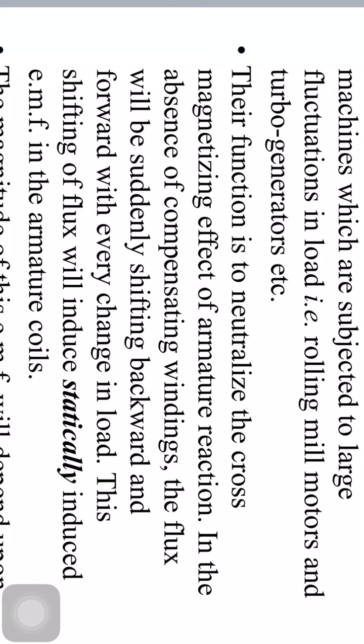The cross magnetizing effect of armature reaction may cause trouble in DC machines with very large fluctuations in load. In order to neutralize the cross magnetizing effect of armature reaction, a compensating winding is used. A compensating winding is an auxiliary winding embedded in slots in the pole faces.